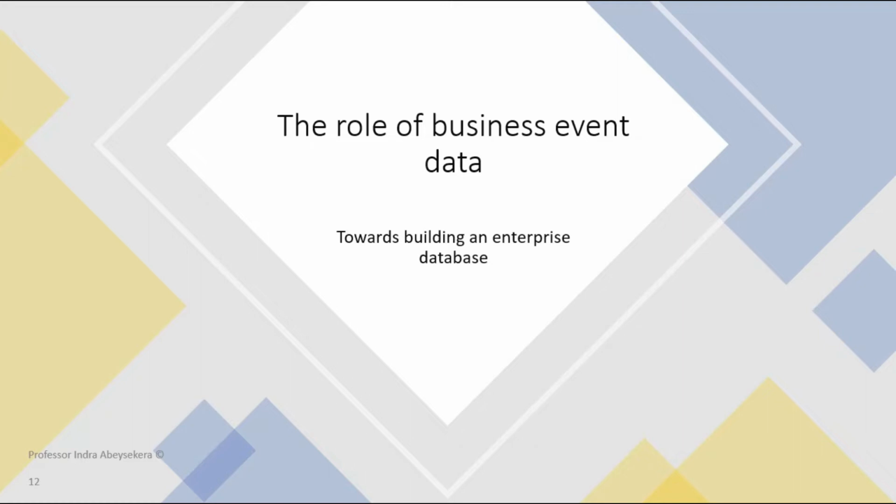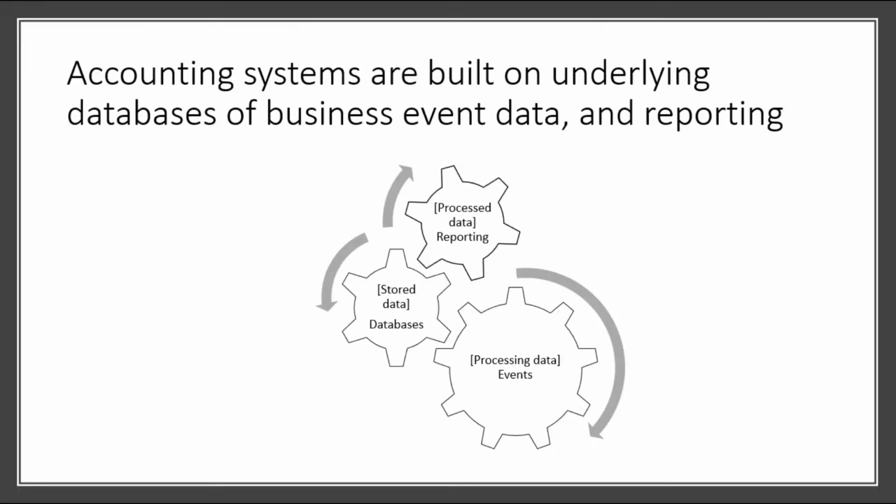The business events data has a role to play in building an enterprise database. Accounting systems are built on underlying databases, and there are three aspects that are important. First are the events.